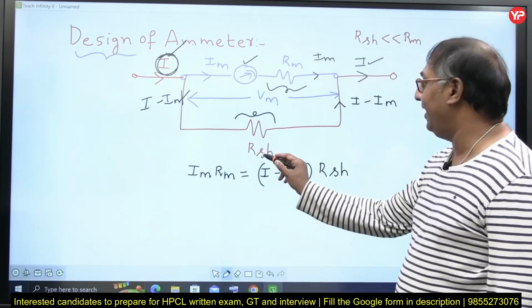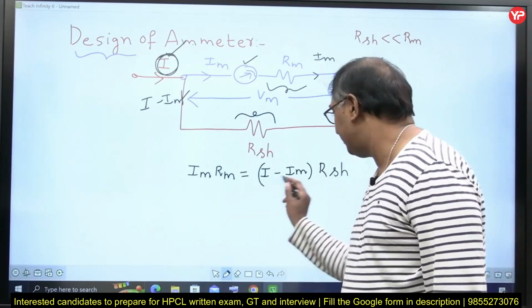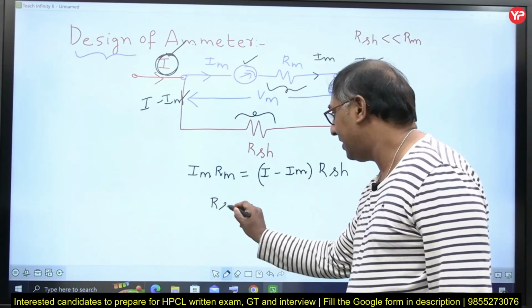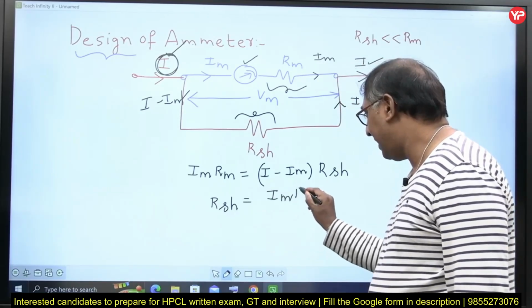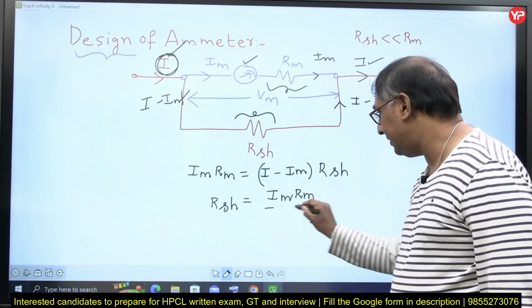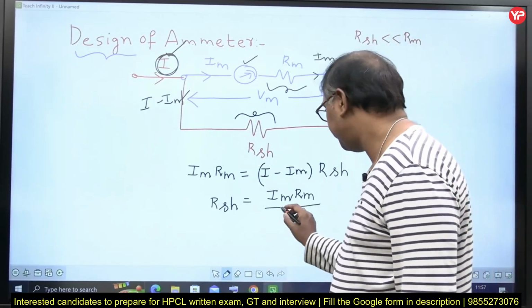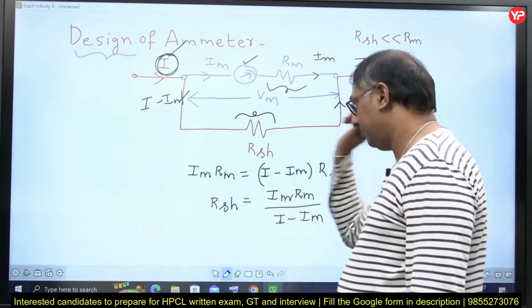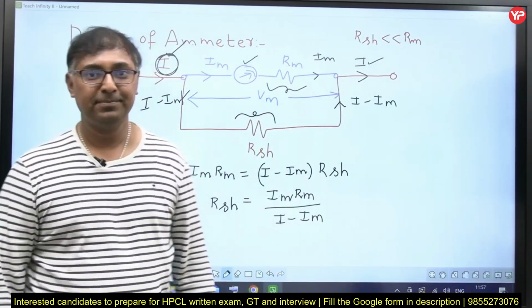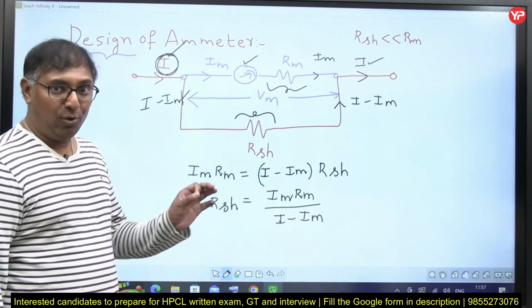So finally, the RSH value is what? Just manual calculation. RSH equals IM into RM divided by I minus IM. Now observe carefully.